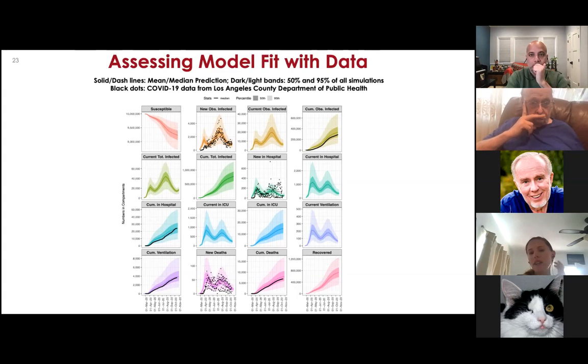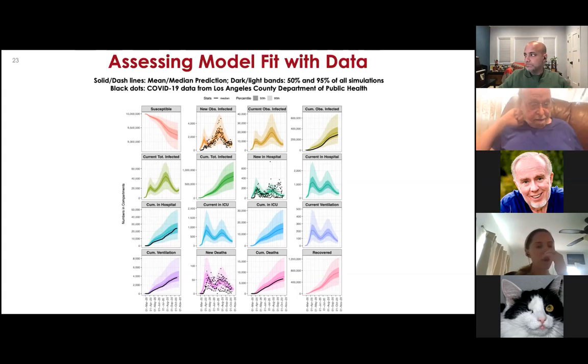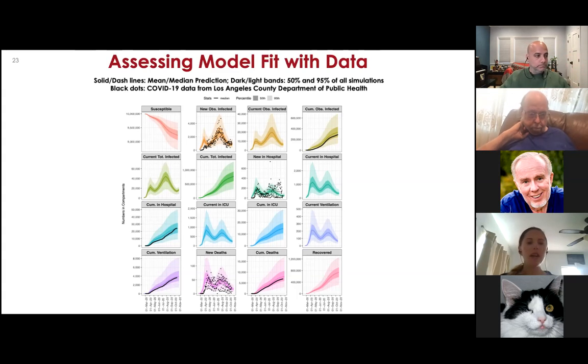So this model fit diagram helps us assess how well we're doing, and we iterate with our parameters until we see something that works. But one of the values of our model is that we're estimating a number of quantities together, and we're comparing that with common sense, with this diagram and other pieces of common sense.